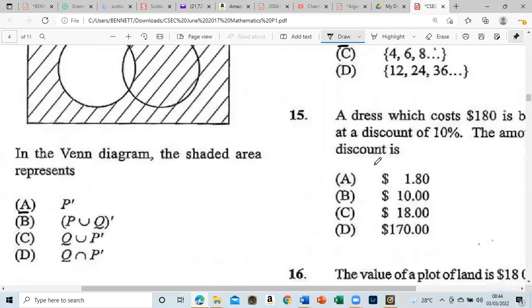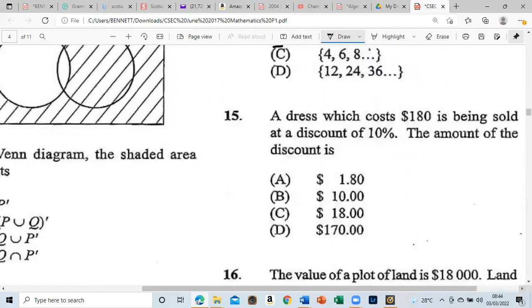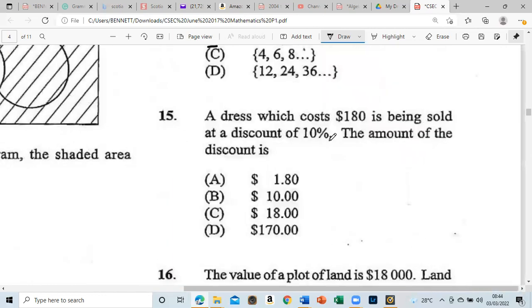And guys, let me tell you about percentage. Percentage is rather easier than you think, alright? So 10%, ask yourself this question. How many 10% are in 100? That would be 10, right? So just like how you have 50%, how many 50% in 100? That's 2, so we just divide by 2. We can do the same thing.